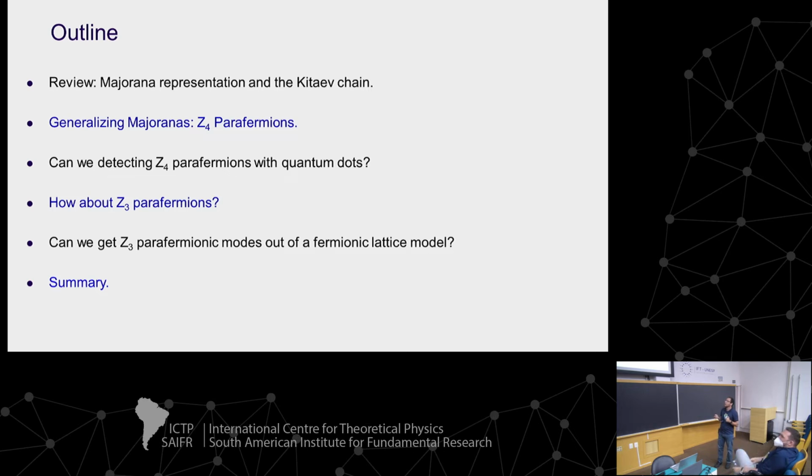And also the difference between Z4 and Z3 parafermions, and whether we can formulate a purely fermionic lattice model in 1D, where you have parafermionic edge excitations in these systems. And then I'll finish up with a summary.